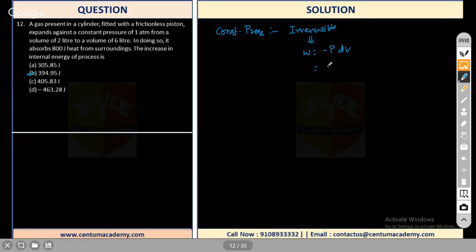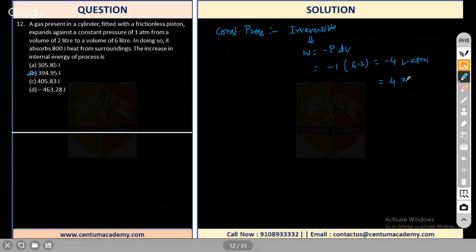So work done we can find out because it is given pressure is 1 and volume change is 6 minus 2, that equals 4, so minus 4. And the unit of this is liter atm, which you have to convert into joule.